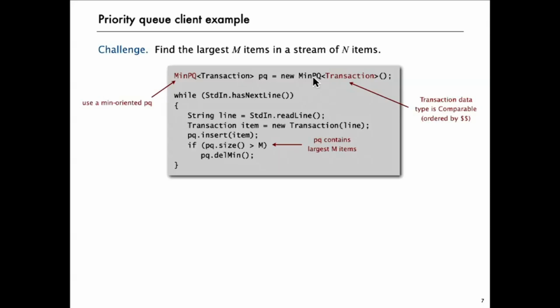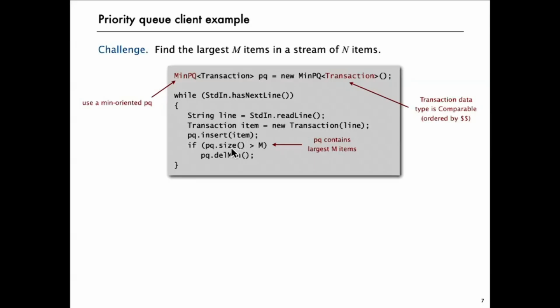So we'll build a new min priority queue, where we have the capability to delete the minimum. Then we read from standard input. We read a line, build a transaction from the information on that line, and that'll fill in the fields. And then we put that transaction on the priority queue.